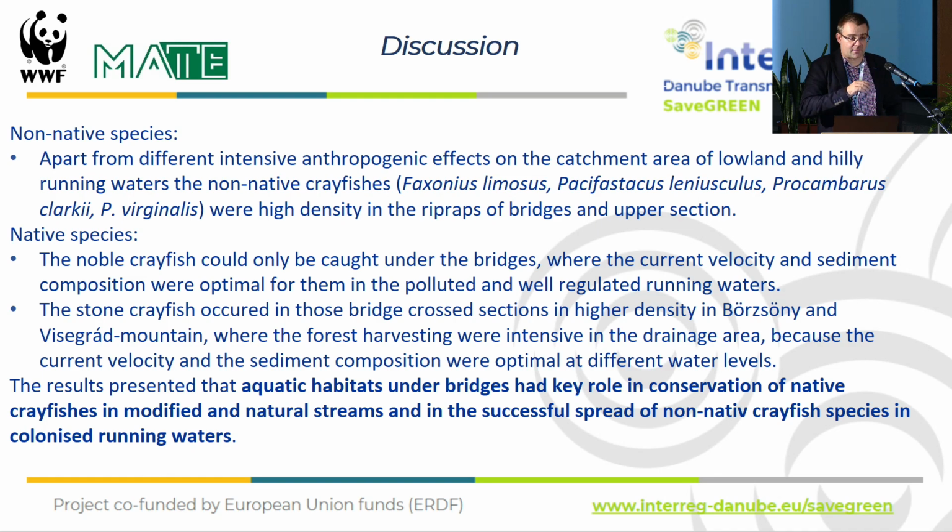For example, I cannot present the diagrams, but stone crayfish, which live in well-separated small habitats in the hilly area, well prefer the bridge cross-section area when harvesting in the forest area is starting, because sediment transport starts extremely fast in the hilly area. After that, the current velocity and the sediment compartment structure can be found only in the bridge cross-section, because the sediment starts to collect in the upper and lower sections. So this habitat is absolutely destroyed in extreme harvesting periods.